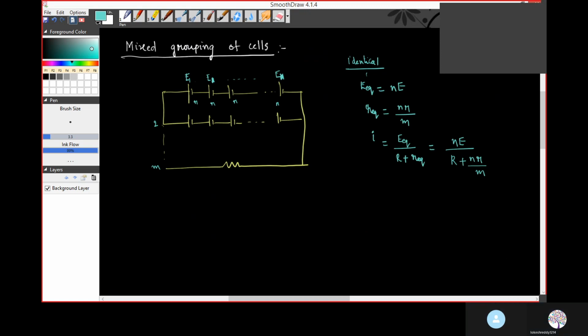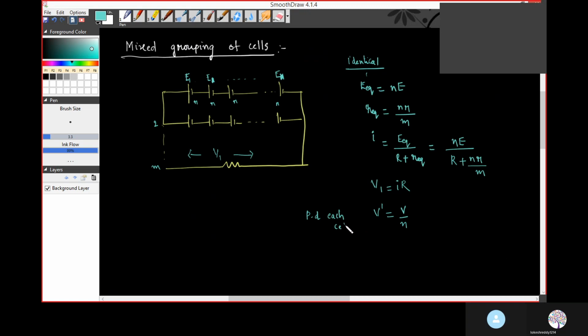Now the potential difference V is equal to I into R. Potential difference across each cell, V dash, is equal to V by N.